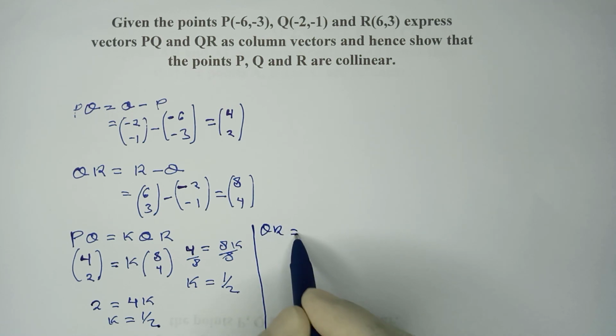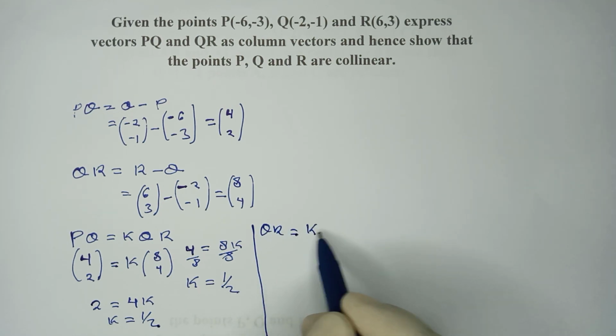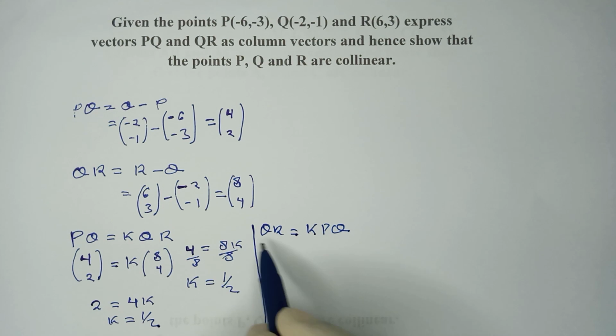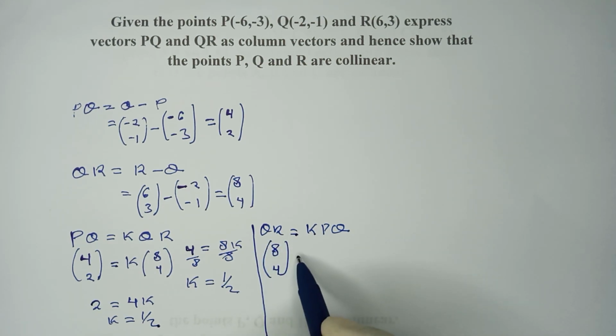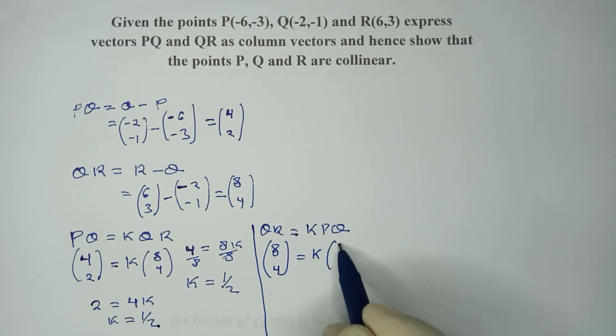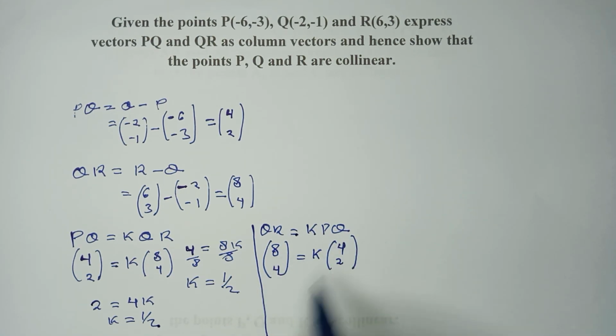Alternatively, you can say QR is equal to K PQ. If you take QR, this will be (8, 4) equals K times (4, 2). To get K, you say 8 equals 4K. Divide both sides by 4, and K will be equal to 2.